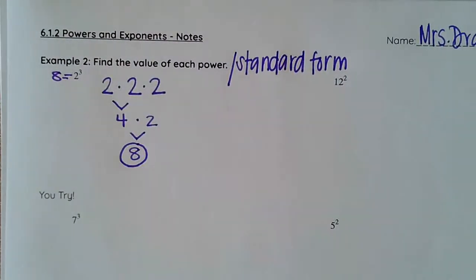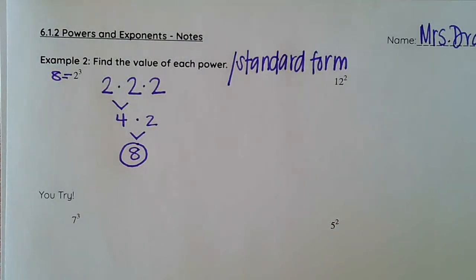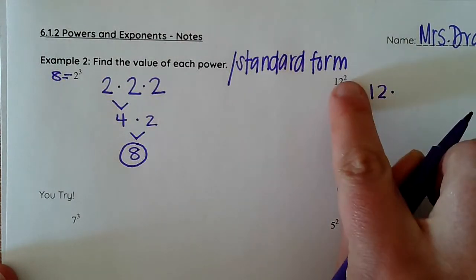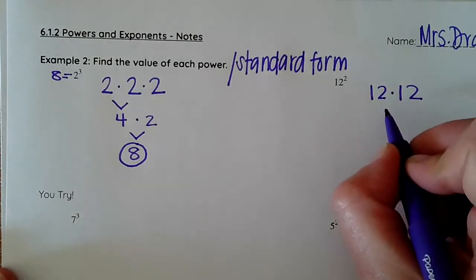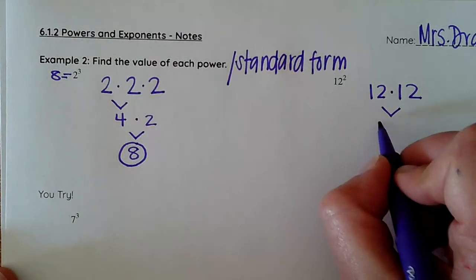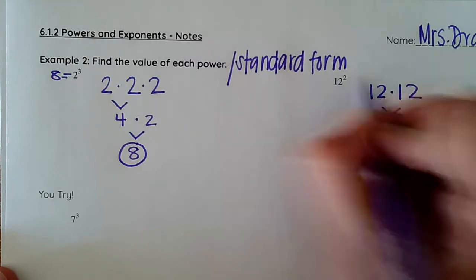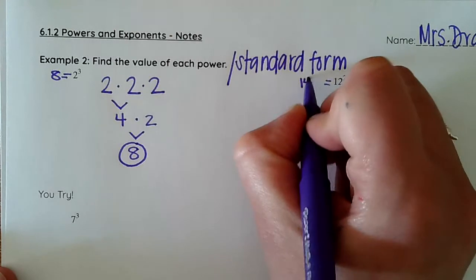All right, let's try another example here. We've got 12 to the power of 2. So I write my base out, the number of times my exponent tells me, and I evaluate that expression to be 144. So 12 to the power of 2 equals 144.